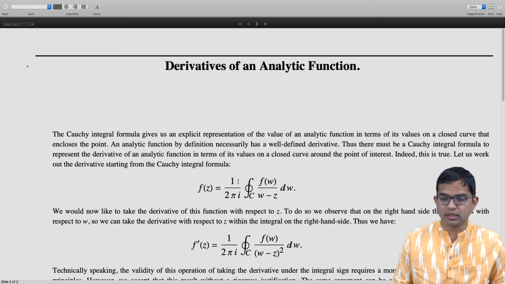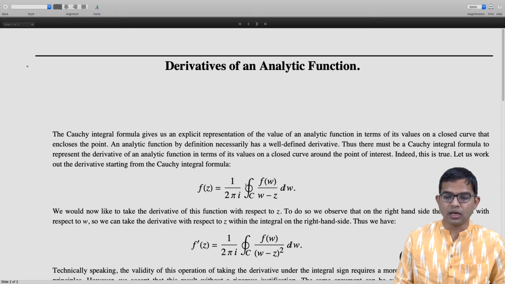Then we have seen that this contour integral 1 over 2 pi i, contour integral C, f of w divided by w minus z dw, is in fact the same as the value of the function f of z. Right? So now we see that f of z is a function of z, and on the right hand side we have this complex variable w, which gets integrated out. So in some sense it's a dummy variable, right?